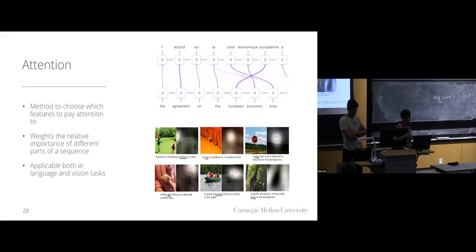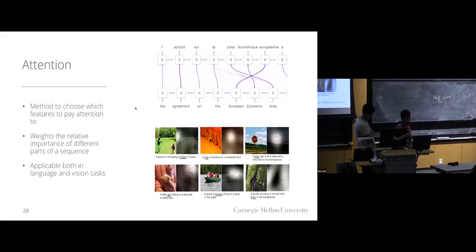For instance, in the top picture, you can see that there are certain matchings between, say, European and the French word for European. You can also note that the word "the", or the word "la", which is "the" in French, is mapped to by both the word "the" and the word "area", because "la" takes into account the noun as well, because it's feminine, right?